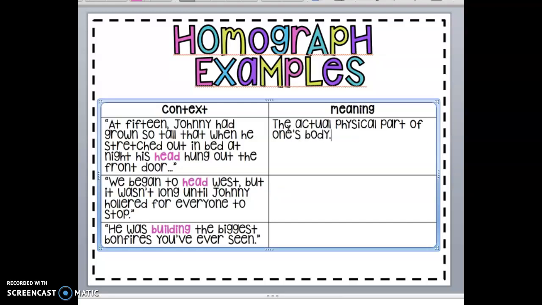And in this case, that person's body just happens to be Johnny. So we're talking about the head that is on Johnny's shoulders. Awesome. Good job, guys.